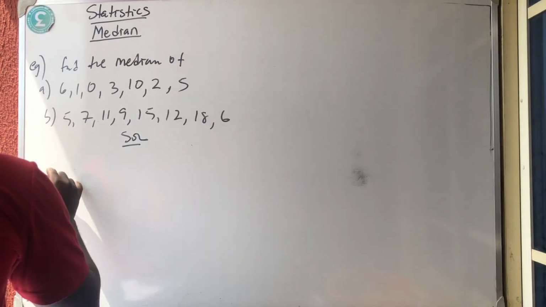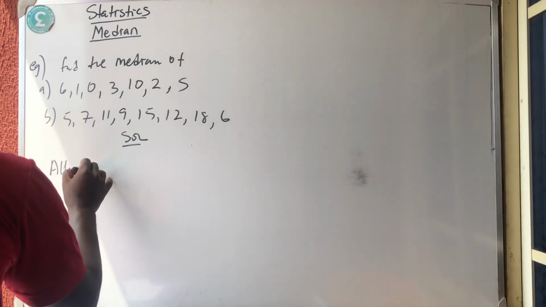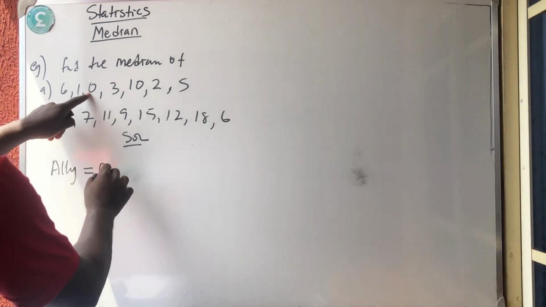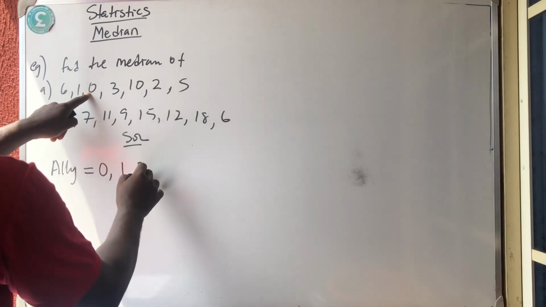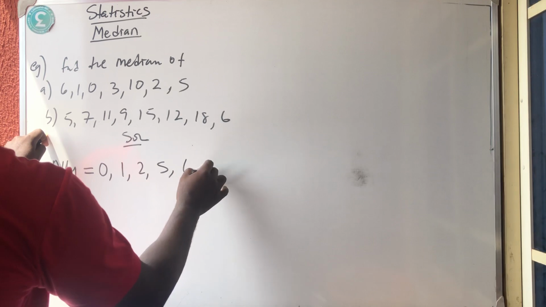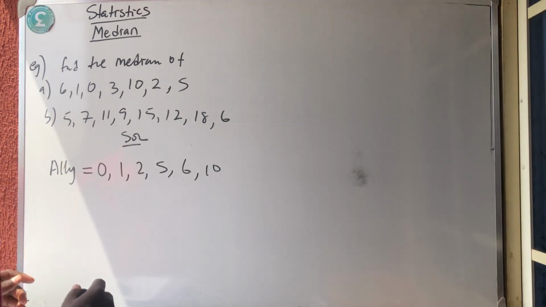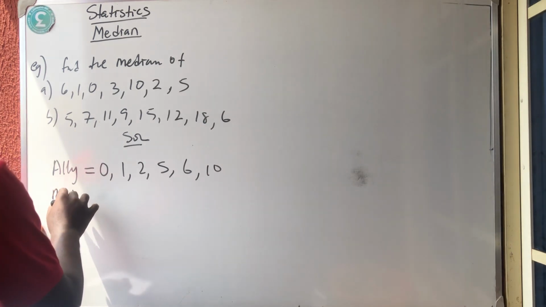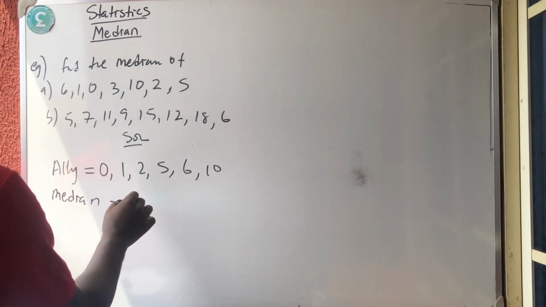For the median, first of all, arrange it in an array. If you arrange it, you have 0, 1, 2, 5, 6 before 10. Sorry, the median is the one in the middle.